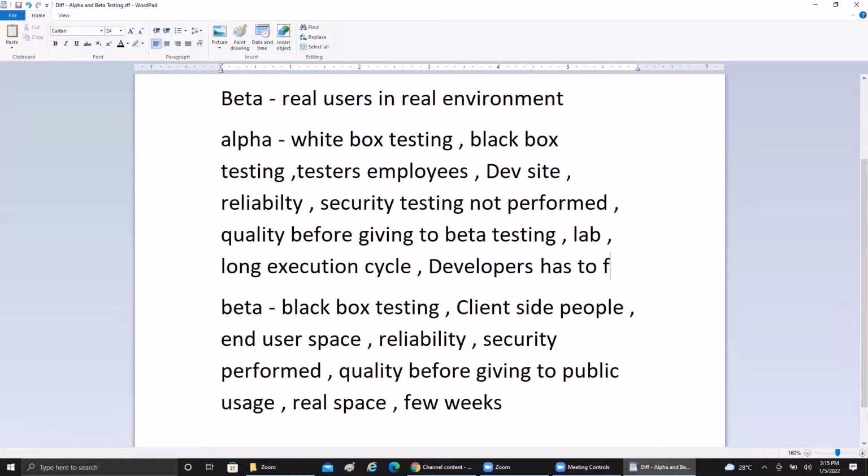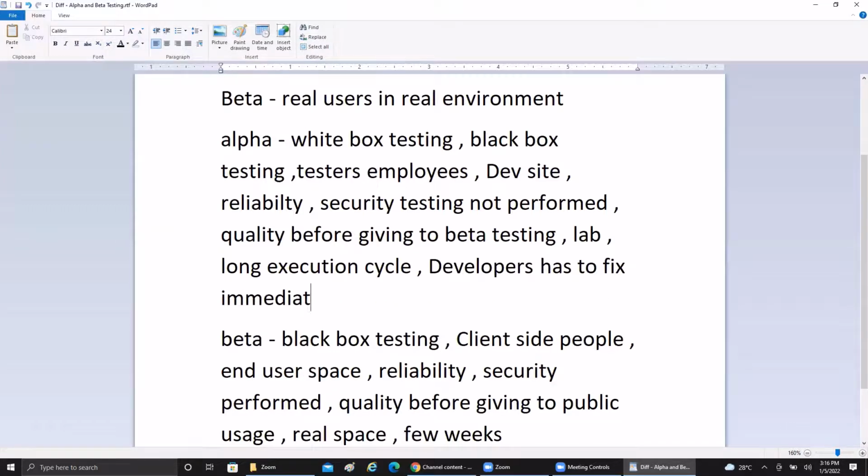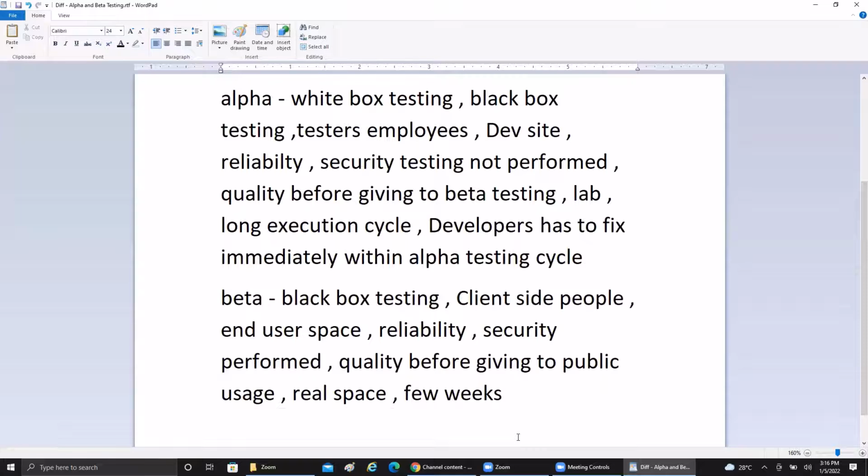Developers have to fix it immediately, I mean, they have to address it within the alpha testing cycle itself.